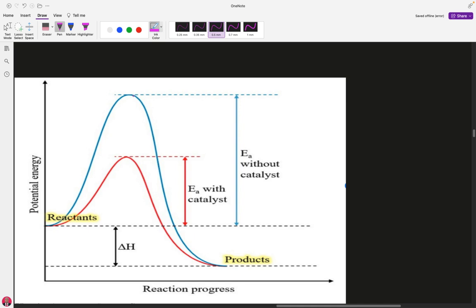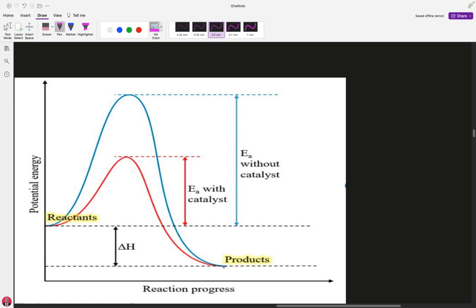Now, this is a reaction that is not catalyzed. But when a catalyst is added, the catalyst is going to do what? It provides an alternative pathway for the reaction. And what is the alternative pathway? It lowers this activation energy. This is a pathway for the reaction, it comes here.